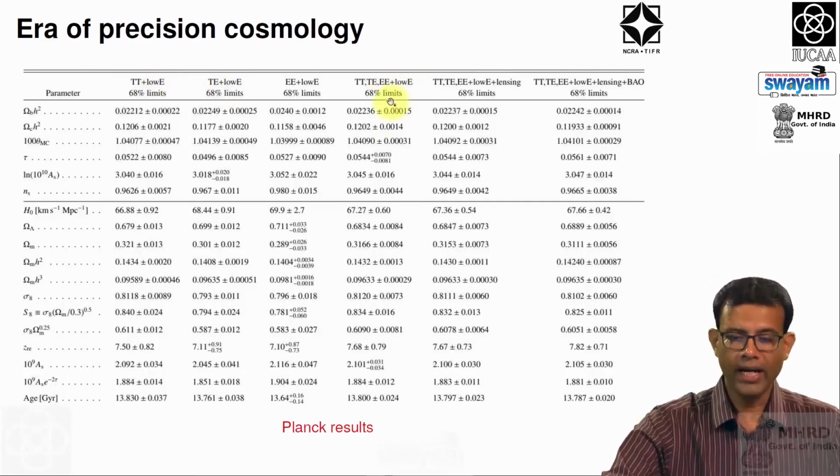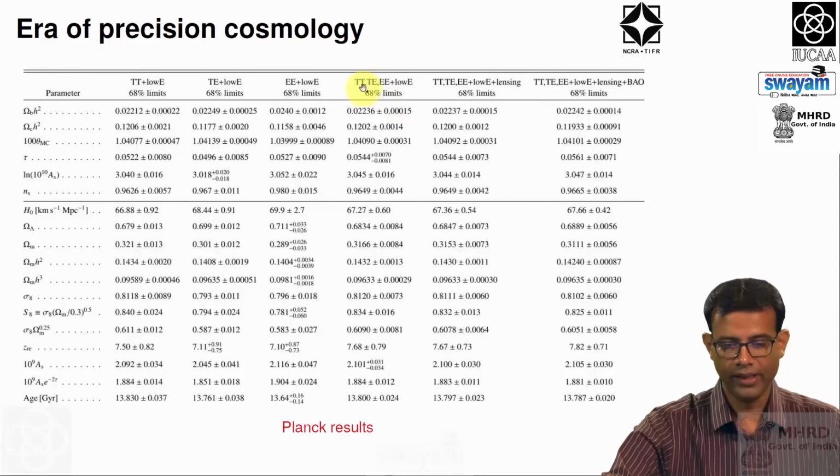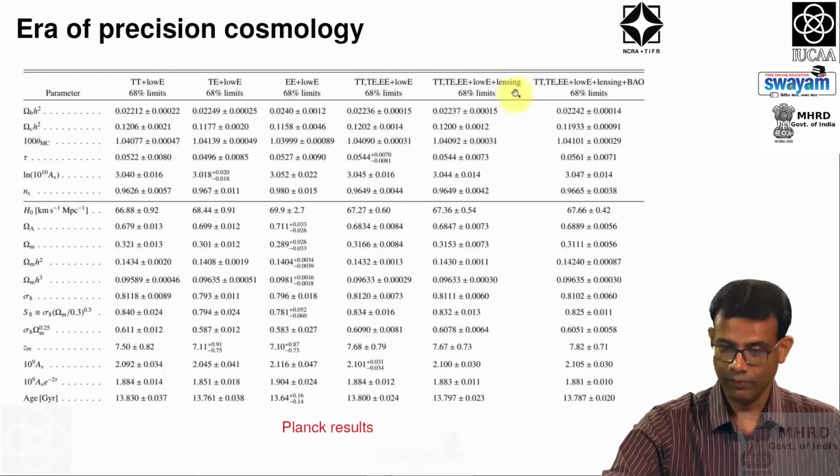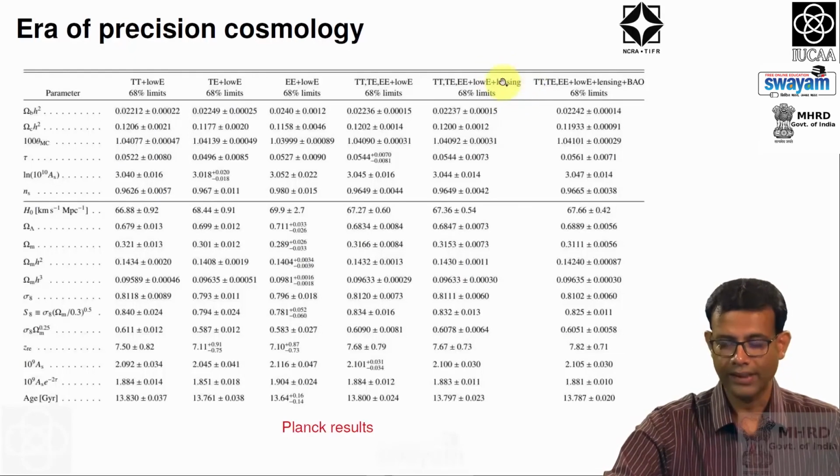And then you go on adding various other things. Here for example, they would have used temperature, the temperature E mode cross correlation, and then EE, the E mode correlation, plus this low E data and so on. Okay. Then here they have added the signal from this lensing, which I talked about in the last slide.